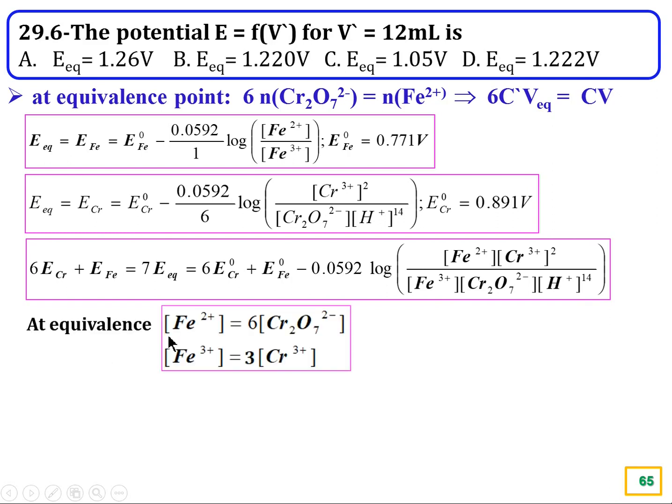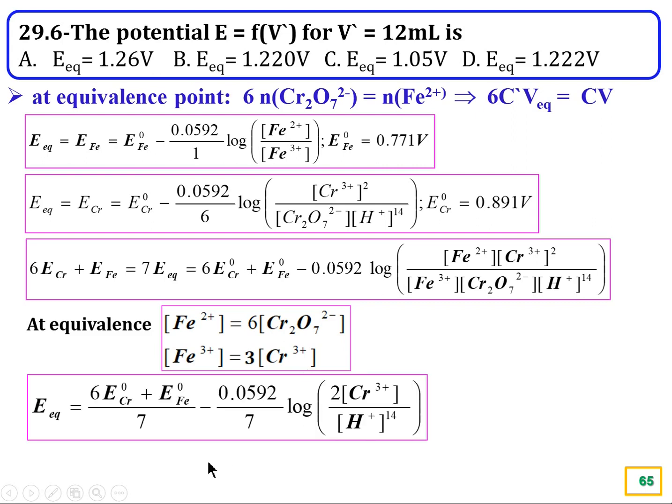So at equivalence, we have Fe2+ equals 6 dichromate and Fe3+ equals 3 chromium. We put these concentrations according to dichromate and chromium, and we found this relation.